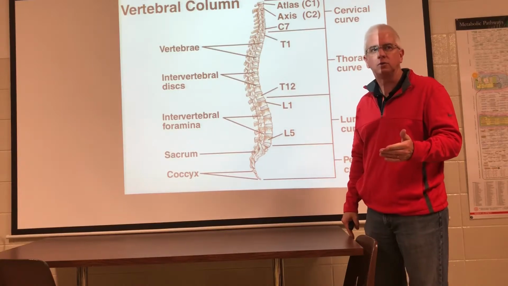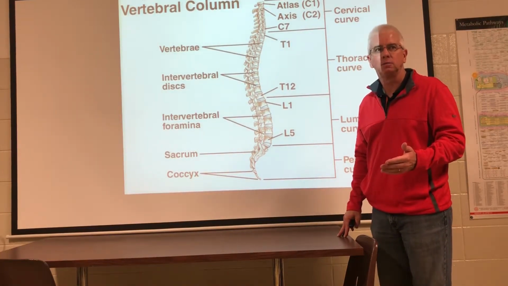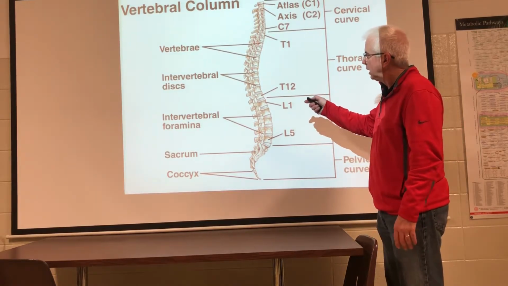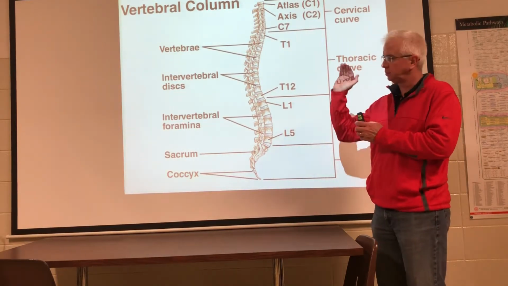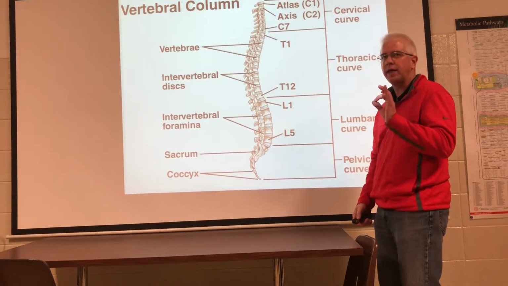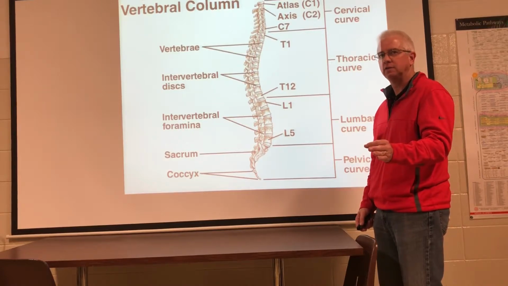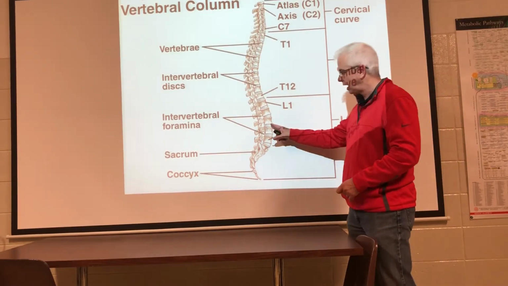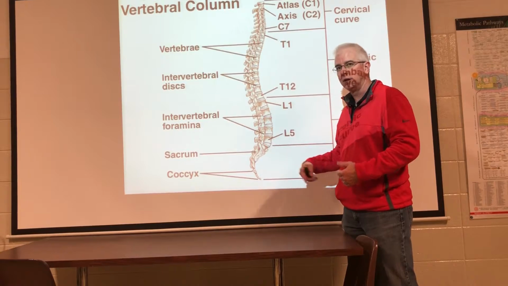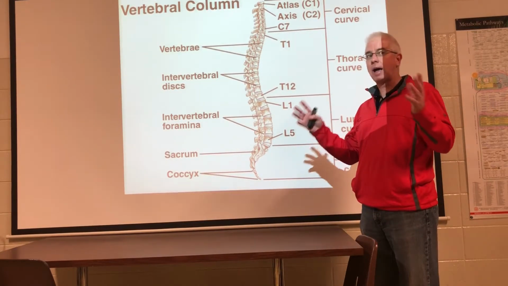Now we also have clinical terms for curves here that are too much. For example, in an individual that has a dorsally exaggerated thoracic curve, we call that a kyphosis, K-Y-P-H-O-S-I-S. In an individual that has a ventrally exaggerated lumbar curve, we call that a lordosis, and these cause back problems.